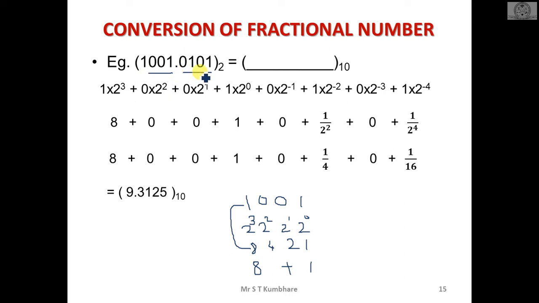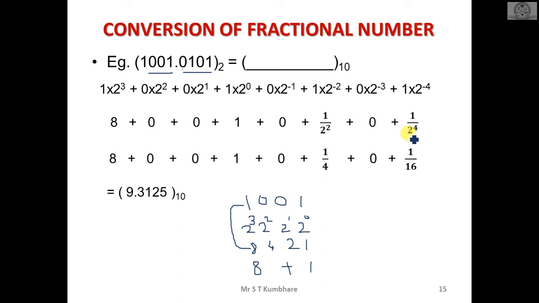Now for the fractional part, you have to go in negative powers. So 0 into 2 raised to power minus 1, 1 into 2 raised to power minus 2, 0 into 2 raised to power minus 3, 1 into 2 raised to power minus 4. So 2 raised to power 3 into 1 is 8, this is 0, this is 0, this is 1. 0 into anything is 0. 1 into 2 raised to power minus 2 can be written as 1 by 2 raised to power 2.